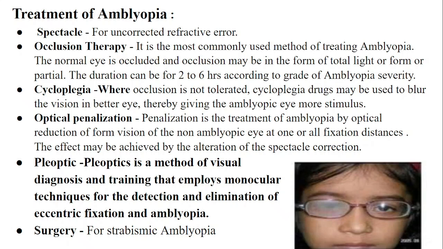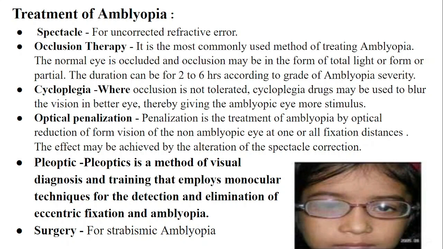Treatment of amblyopia. Here is a comprehensive list of treatment options for amblyopia, which are as follows. Number 1. Spectacle correction. This involves prescribing glasses or contact lenses to correct refractive error that contributes to amblyopia. Number 2.